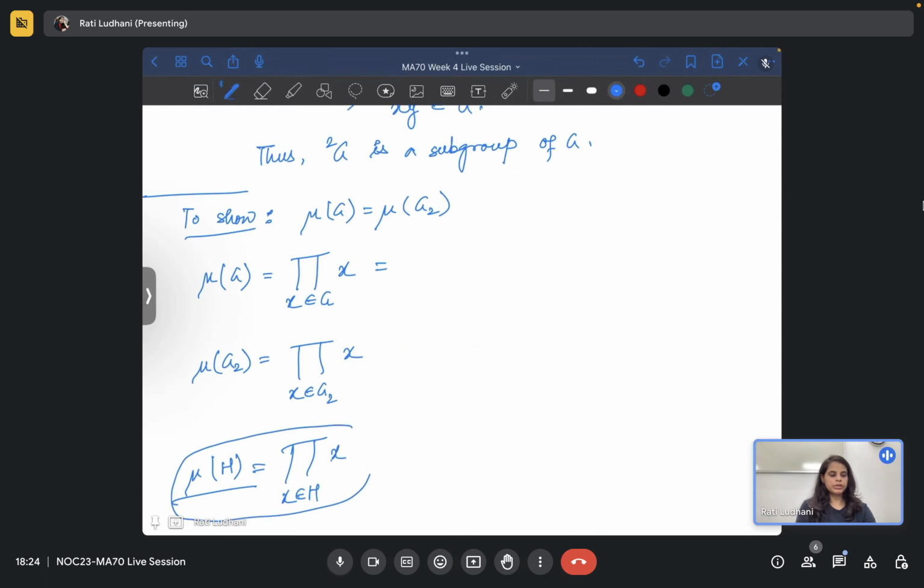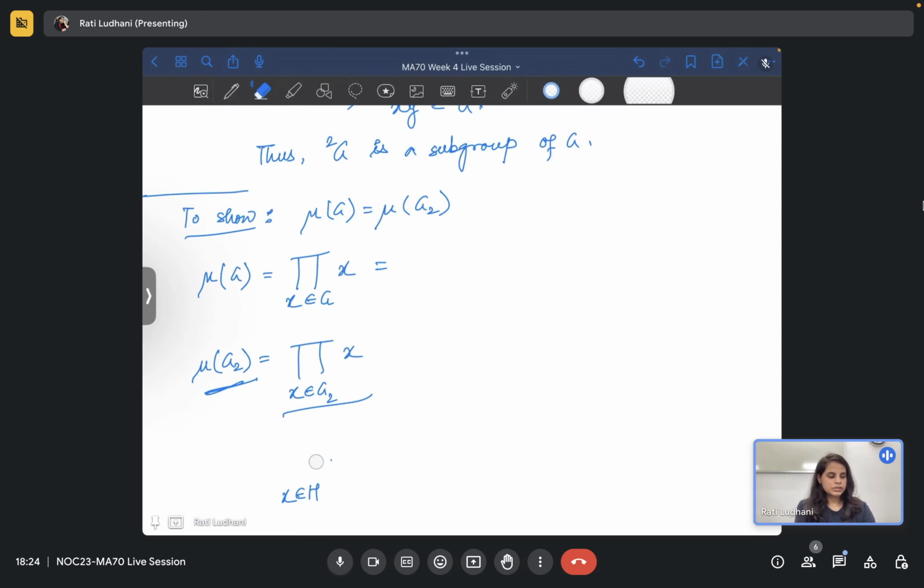This is from the definition, so we can write mu G2 like this also. So it's not unknown here. Since we have proved that G2 is a subgroup, this is a group, and we can write it because of that definition now.